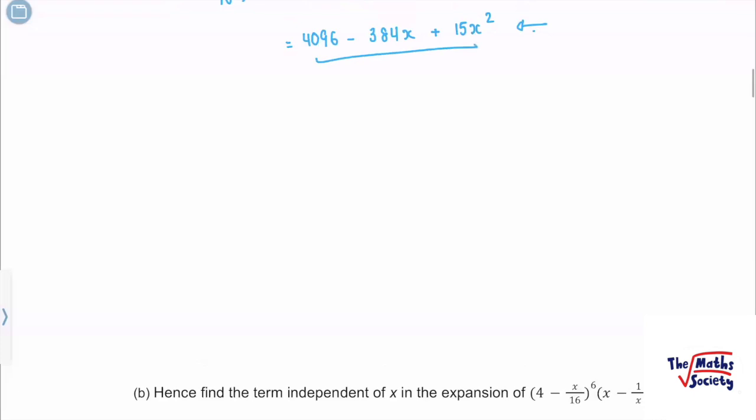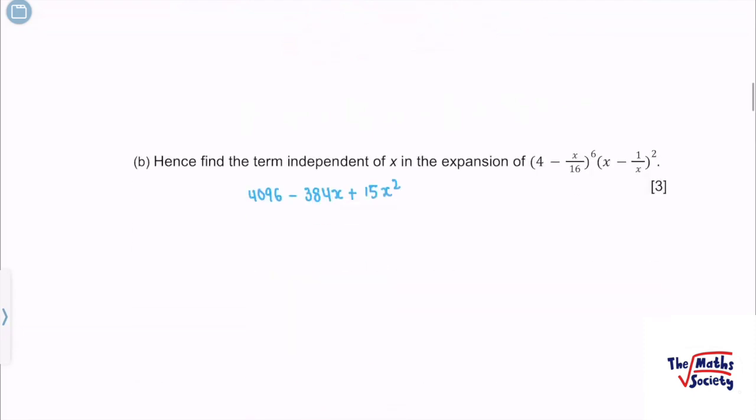So it is 4096 minus 384x plus 15x squared. And with that one, we're going to multiply with (x minus 1 over x) the whole squared. So it's going to be 4096 minus 384x plus 15x squared, and then x squared minus 2 plus 1 over x squared.